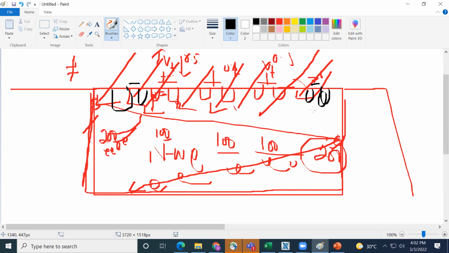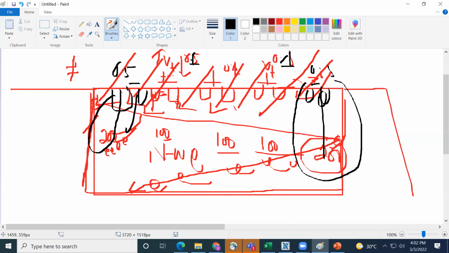If you add dummy on the sides, what will happen? This VT variation will not affect the device. It's 0.5 here, 0.5 here, but in the middle device it is 0.1. Understand? The 200 will be caused at the nearer corner only. So if you add dummy at the corner, it will not affect it.